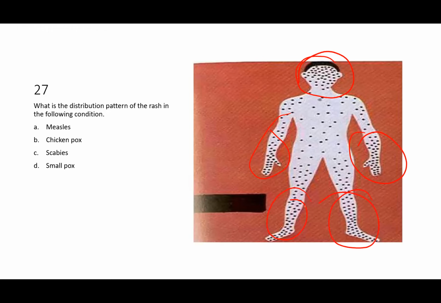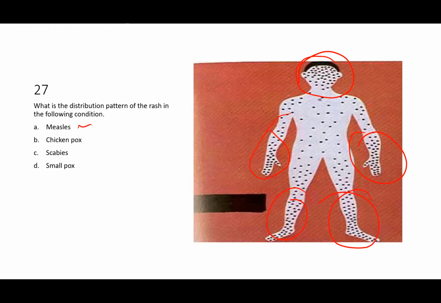Now, there are named distributions for various diseases. For measles, you have a craniocaudal pattern: you start from the cranial portion and spread to the caudal.